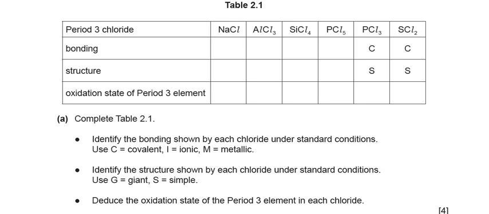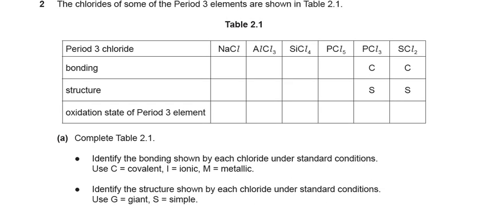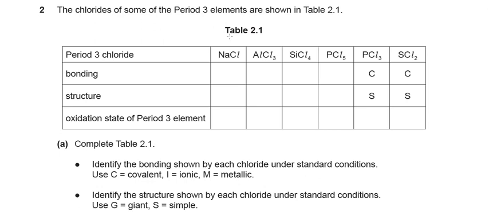Okay, so here is question number 2. Now, it is a very simple, very easy question, but it depends how much knowledge you have related to the bonding structure. Then you can very easily solve the question.